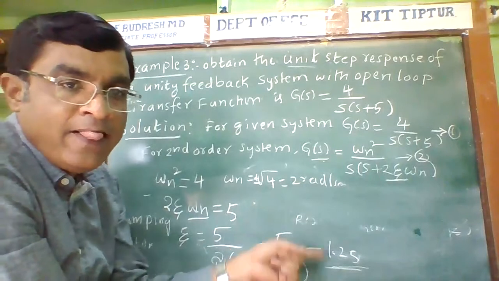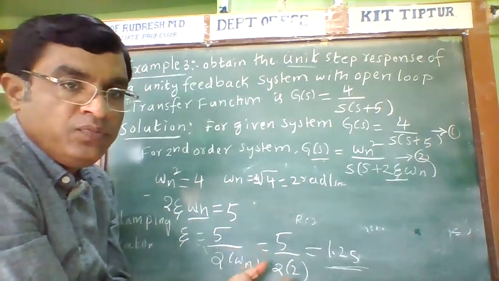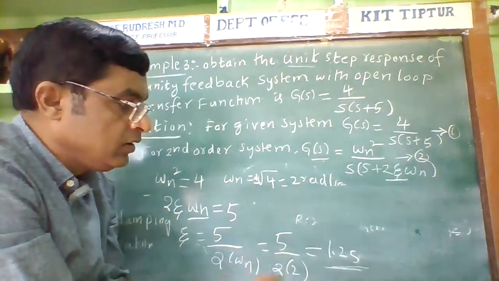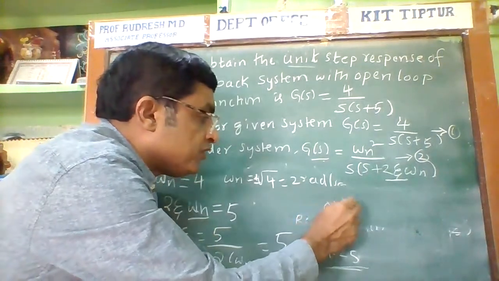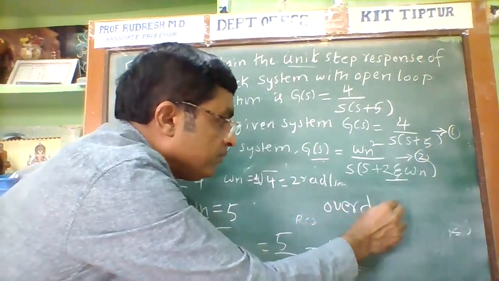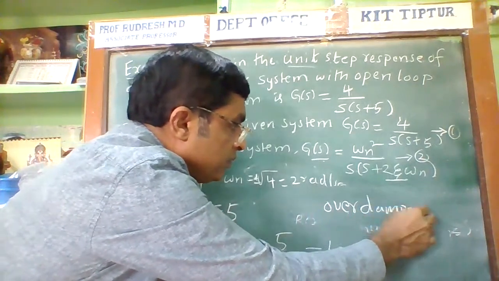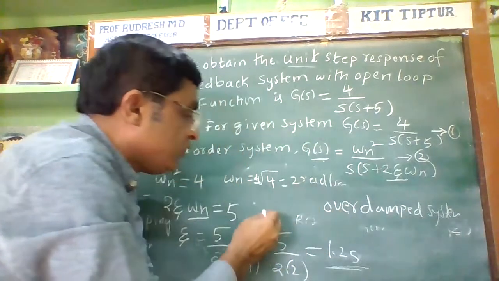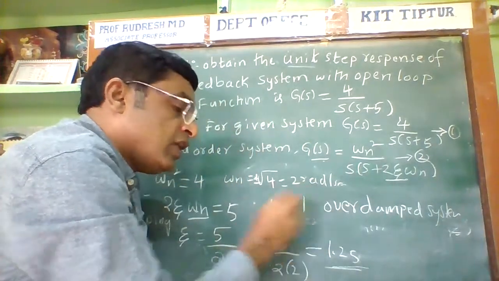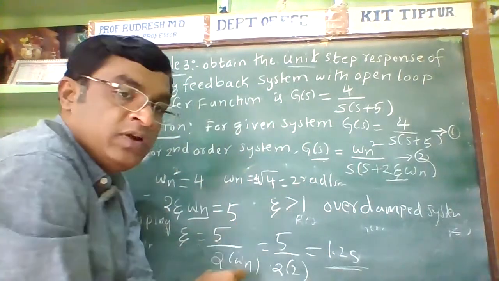After calculating the damping ratio, we can conclude that the given system is an overdamped system. Zeta is greater than 1 for an overdamped system.